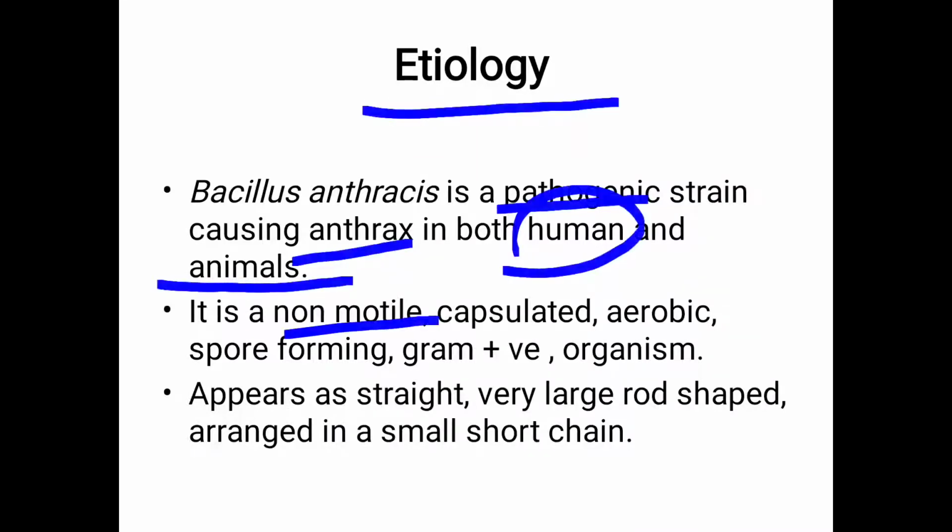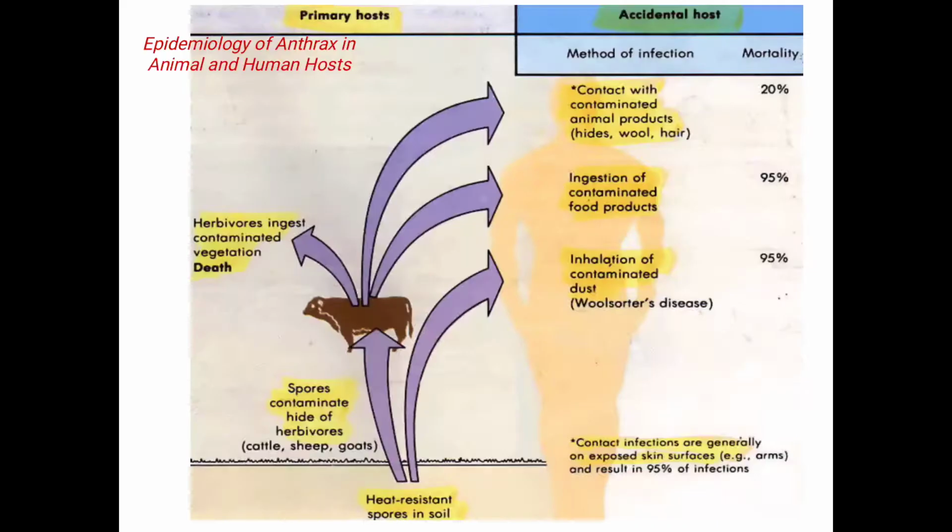It is a non-motile, capsulated, aerobic, spore-forming, gram-positive organism which appears as a straight, large rod-shaped or small short chain. The primary host is ruminants or herbivorous animals, and humans act as accidental hosts. This disease has zoonotic importance.